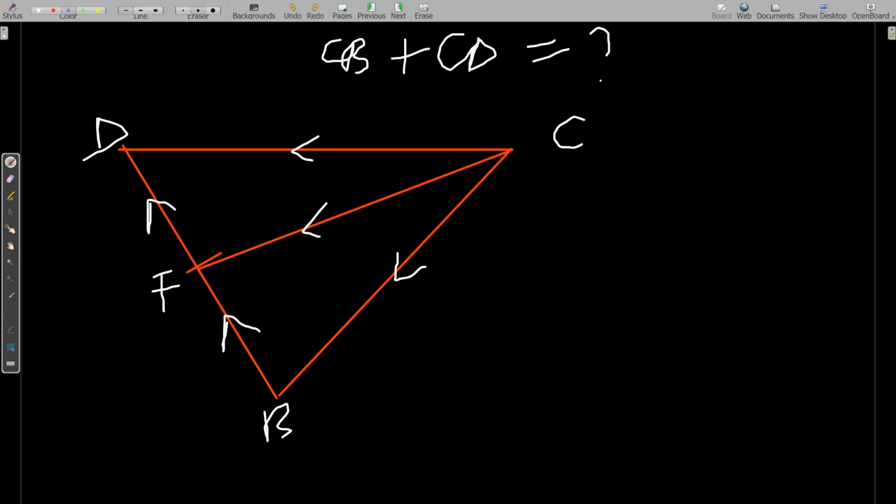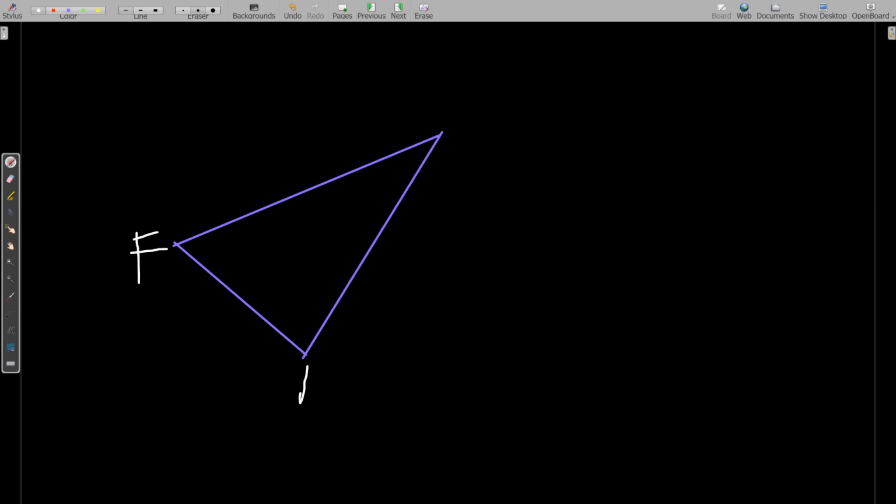Now let's go ahead and open another page and look at this triangle that looks like this. They are not drawn to scale, so this is my F, this is my B, this is my C, and CB, CF, and this is my BF.